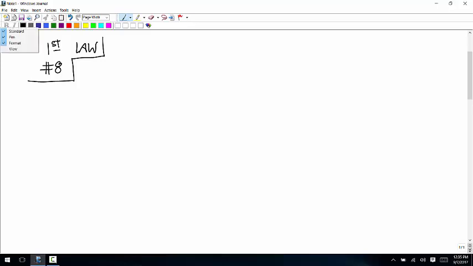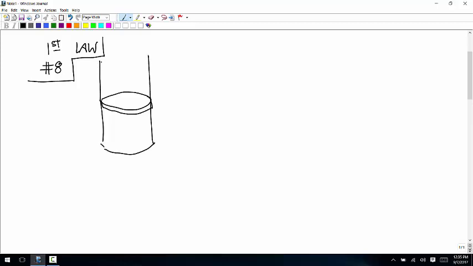Okay, so we have a piston cylinder, and it expands from a volume of 0.3 meters cubed to 1.5 meters cubed, so it's expanding.